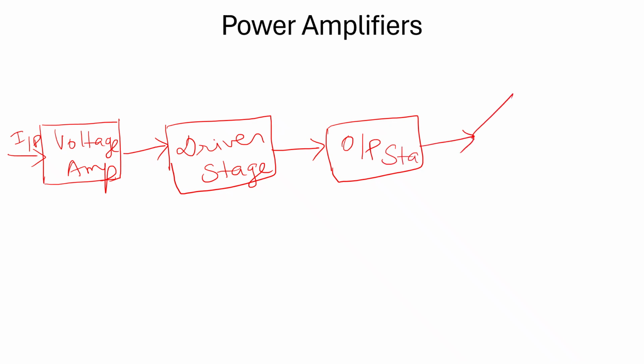And hence it is fed to a particular output. So the input signal, for example, if it is of this kind of amplitude, is fed to a voltage amplifier.